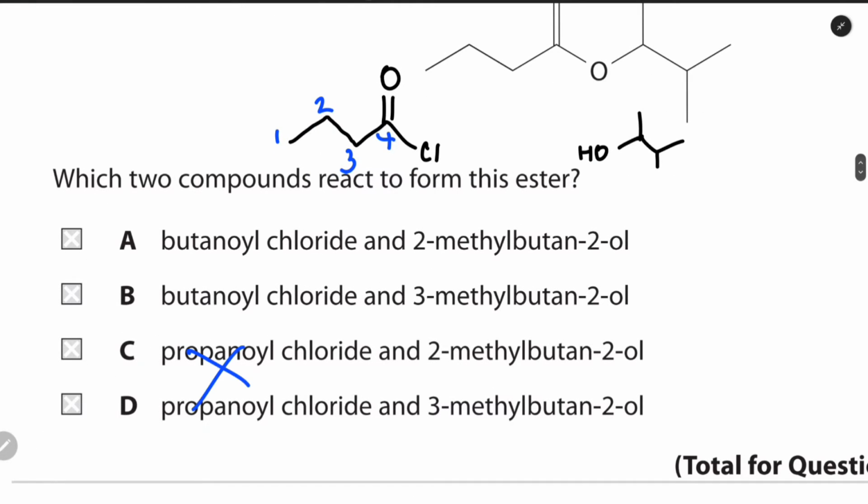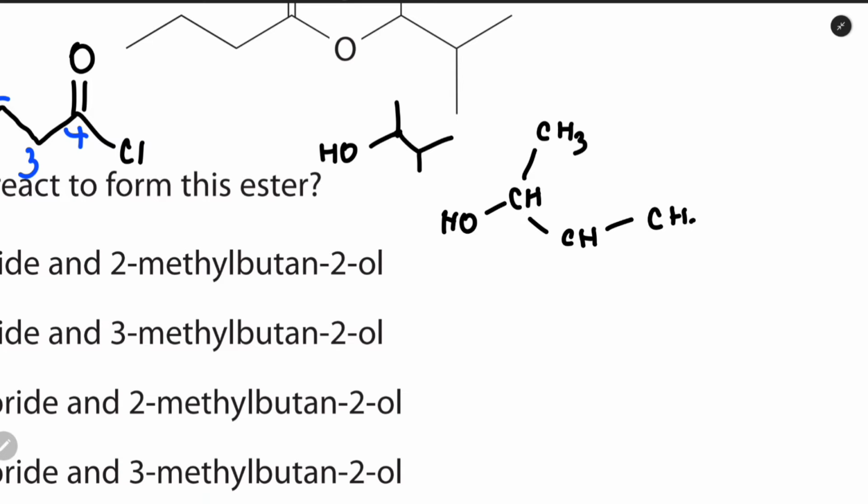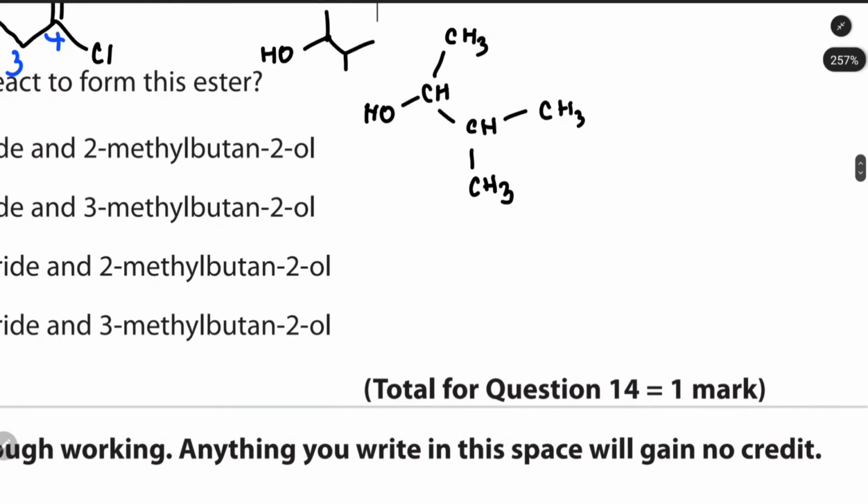C and D are not the answers. We are using butanoyl chloride. And for the alcohol, we are using this thing over here. So we have CH over here, another CH here, CH3, CH3. The longest carbon chain is 4.